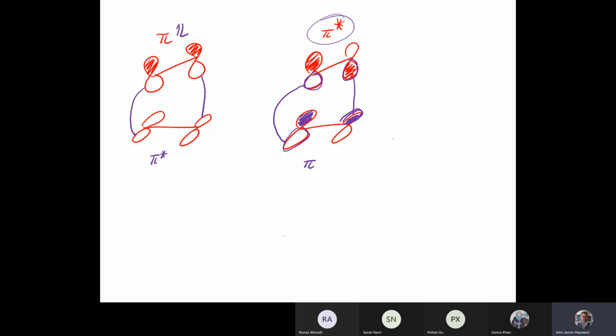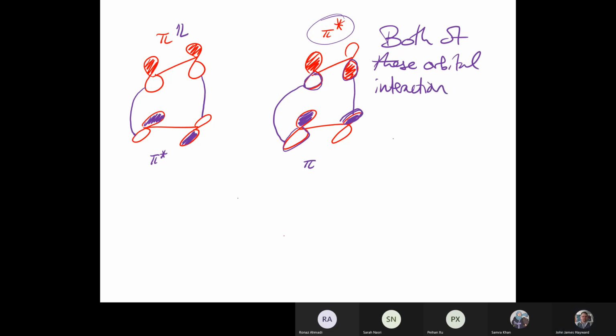Conversely, on the left-hand one, I'll shade these two, and the symmetry is good. Both of these orbital interaction sets are happening, nearly at the same time.